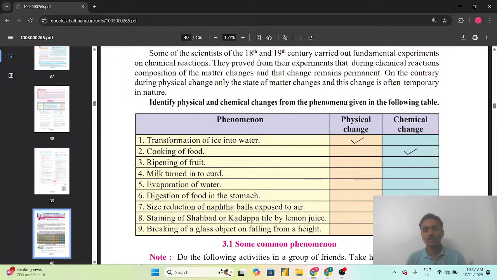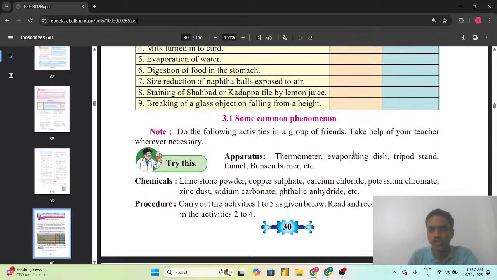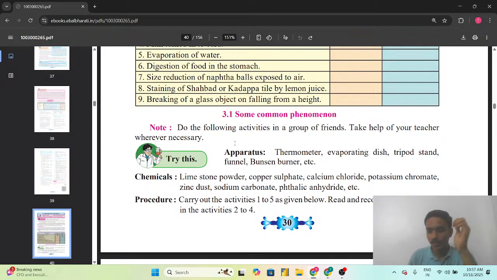We cannot convert back from the processed item to the raw material. Then ripening of fruit, milk turned into curd, evaporation of water, digestion of food in stomach, size reduction. This is the activity for you to check whether each is a physical or chemical change. So, perform it. Next, we are going to see what is given in the further part.